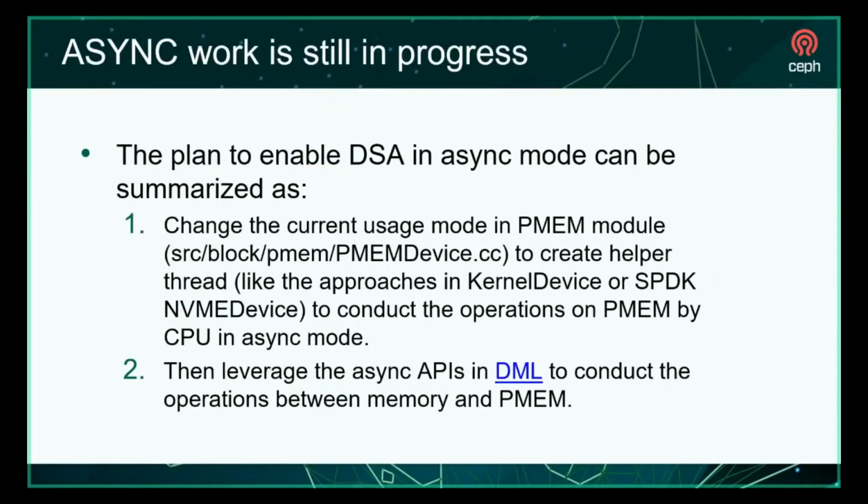So we already introduced our work with the sync mode support in Crimson, and the code is already available. And we still have the plan to enable DSA in async mode. And we summarize the work into the following 2 steps, as I described previously.